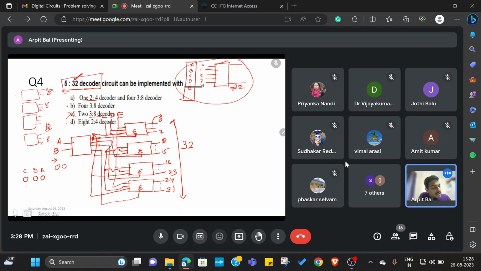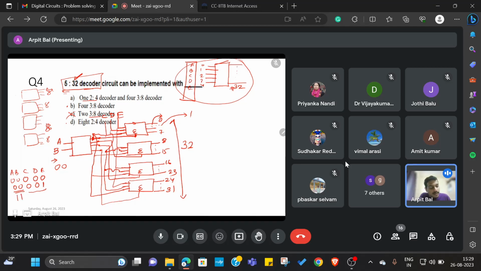Similarly, let's say A, B is again 0, 0, C is 0, D is 0, E is 1. AB is 0, 0, so the first decoder will be selected, and the remaining 0, 0, 1 means the first line of this first decoder will be selected. Similarly, you can go on and check for all the decoders that are available.